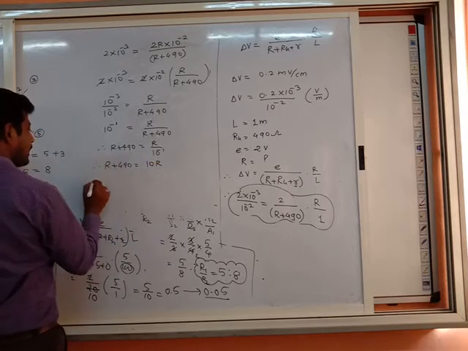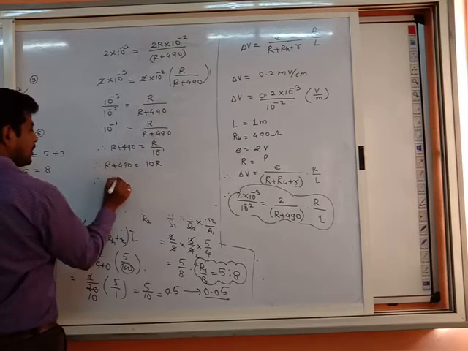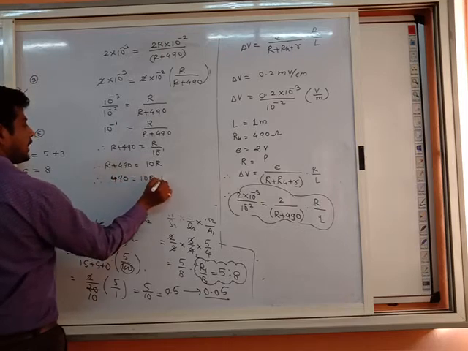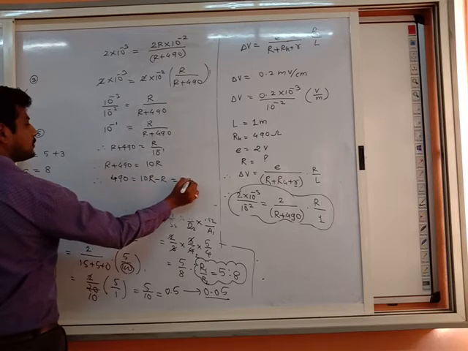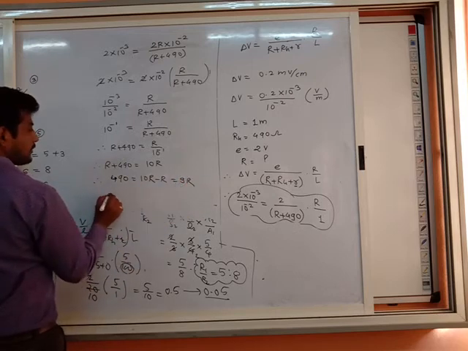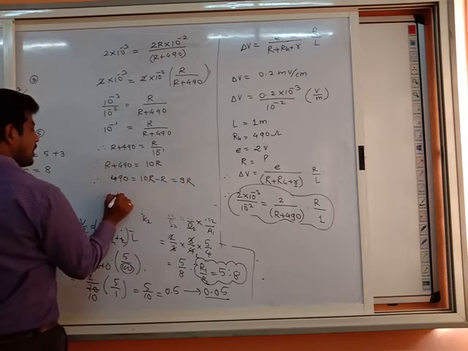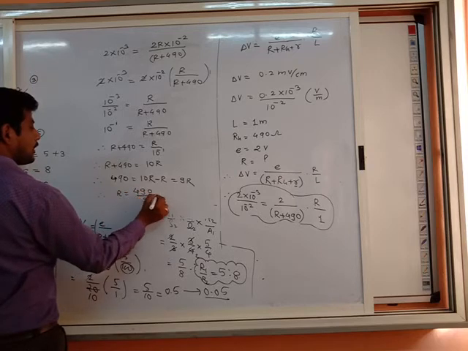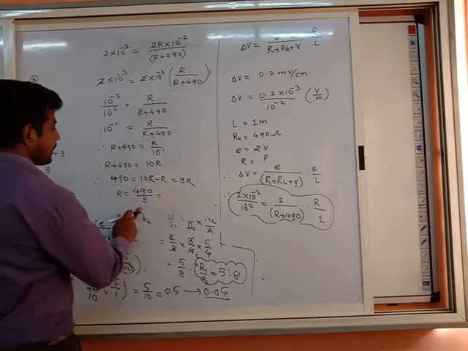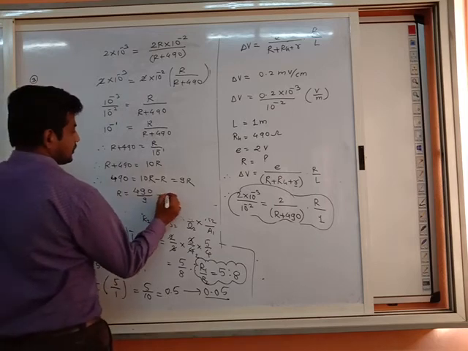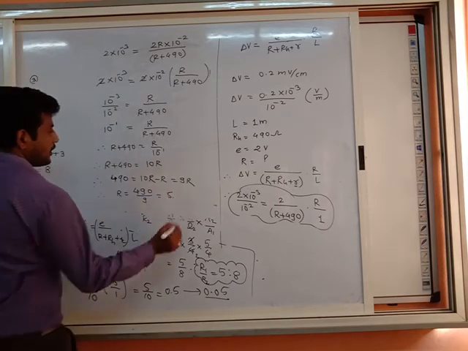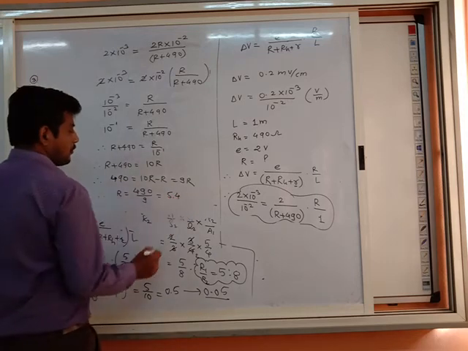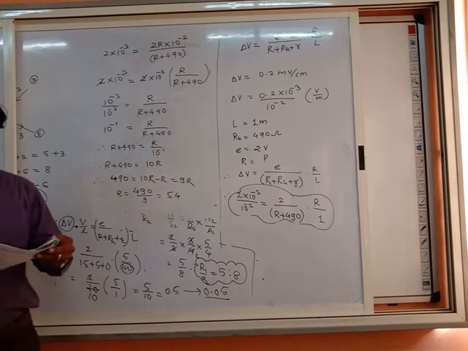Okay, therefore 490 is equal to 10r minus r is equal to 9r. Therefore r is equal to 490 upon 9. Okay, it is 54.4, it is said to be 54.4.